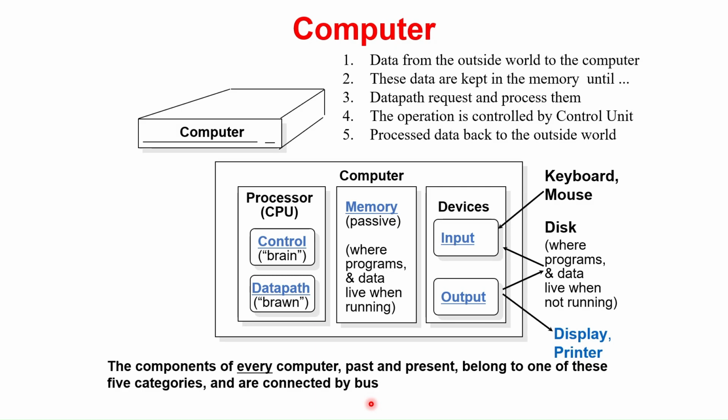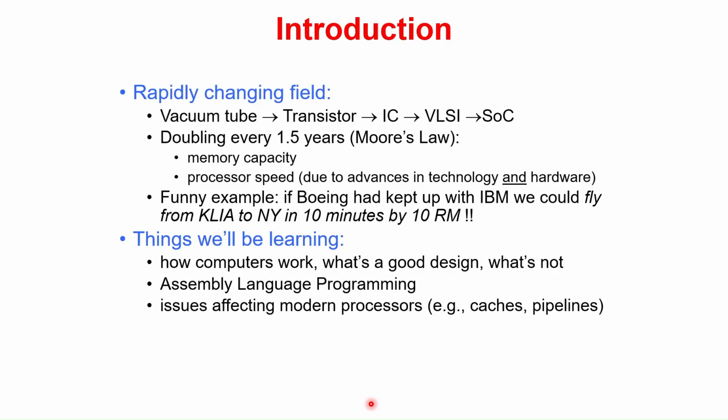This slide gives us some context on how computers have evolved and what we will be studying. First, computer technology has changed rapidly over the decades. We have progressed from vacuum tubes to transistors, then to integrated circuits, and then to very large scale integration, and now to system on chip integration, where an entire computer fits on a single chip.